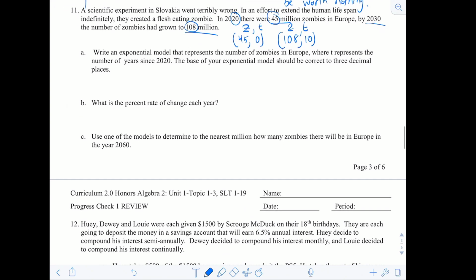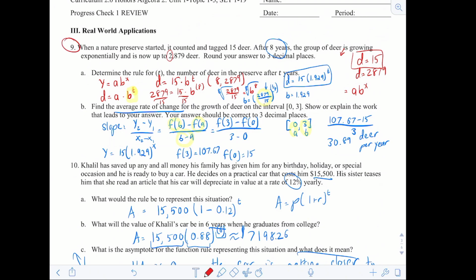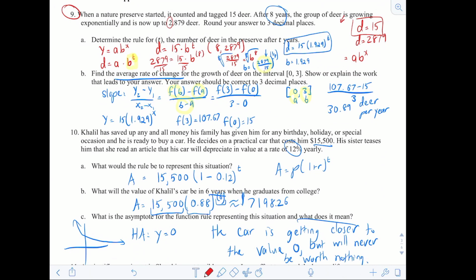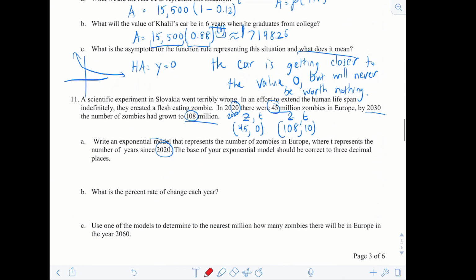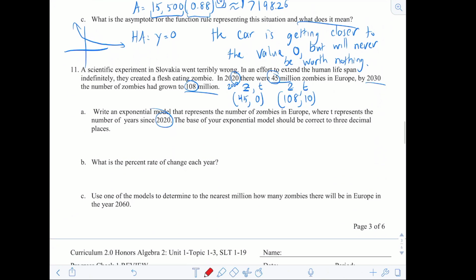Okay, it says write an exponential model that represents the zombies where t represents the number of years since 2020. That's good because this is actually year 2020. As I talked about before in problem number 9, I have this actually backwards, right? This is going to be the x value, this is going to be the y value.